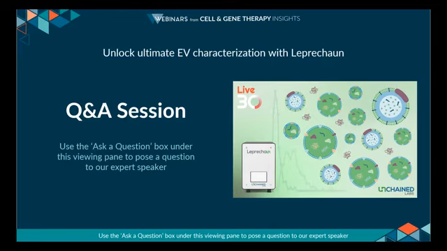Our first question is, how many copies of a protein need to be present on the EV surface to be detected by Leprechaun? So the great answer is only one. Leprechaun has single epitope sensitivity. We've previously done some DNA origami experiments, which show that Leprechaun is sensitive down to 3 fluorophores in all of the fluorescent channels.